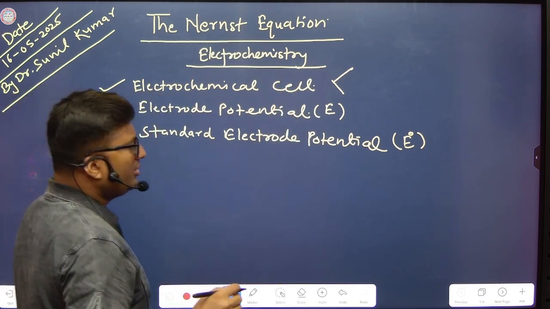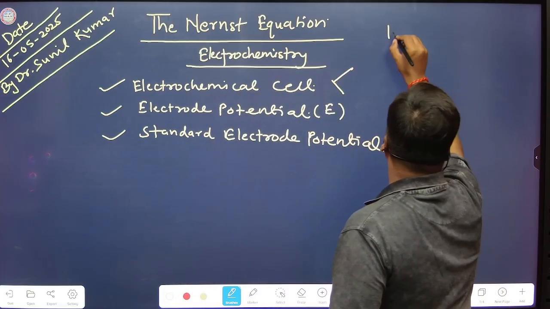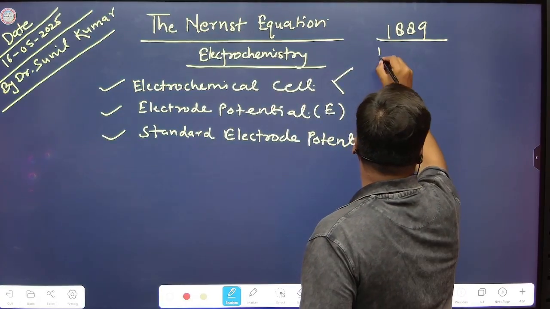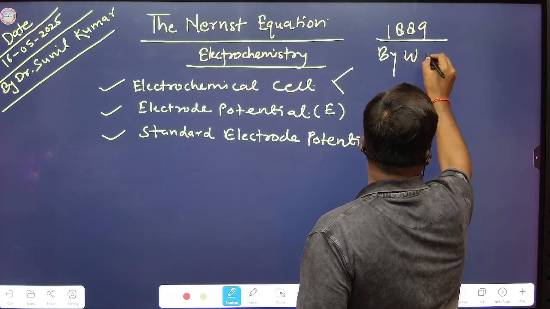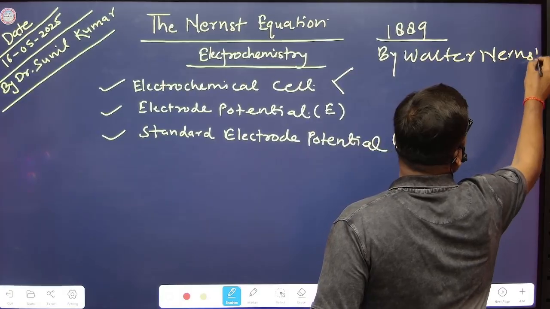Actually, the Nernst equation was derived in 1819 by Walter Nernst, right?